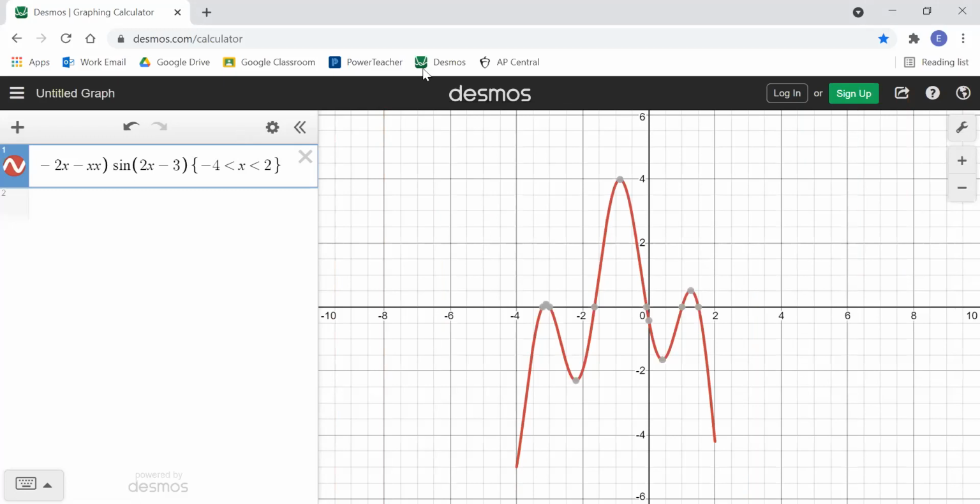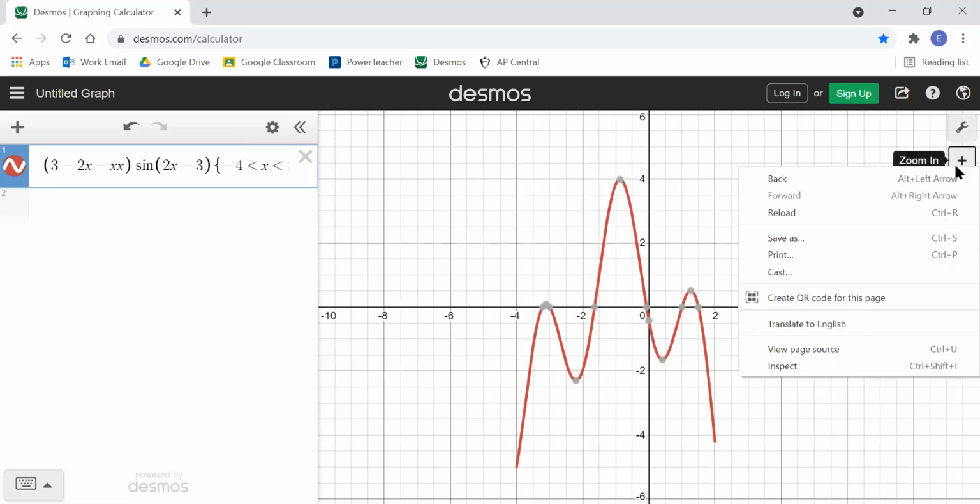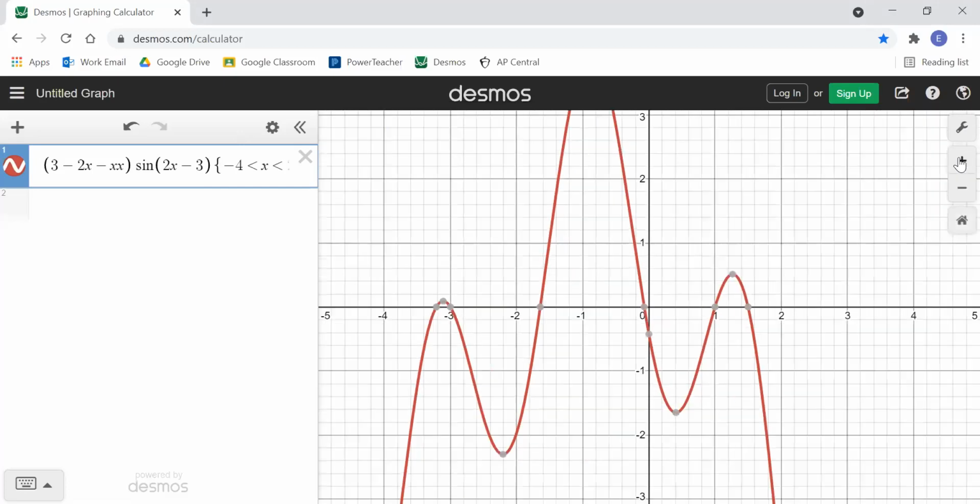So any relative extrema would be any place where this thing changes signs, right? Because this is the derivative, if the derivative goes from negative to positive or positive to negative, that's going to tell us that the function itself goes from increasing to decreasing or decreasing to increasing, and that's when it'll have a relative extrema.